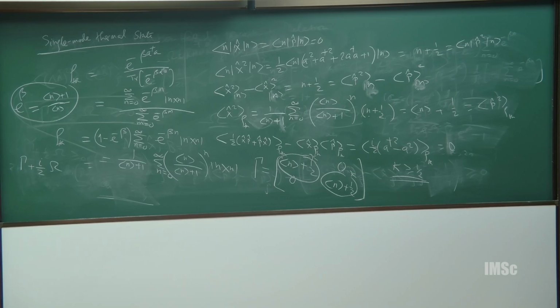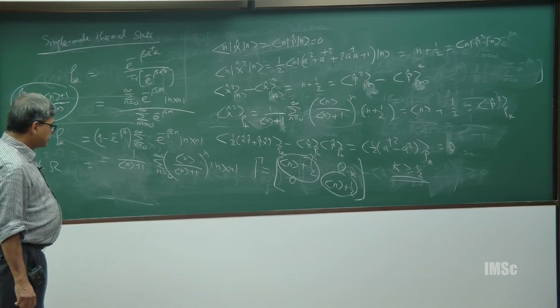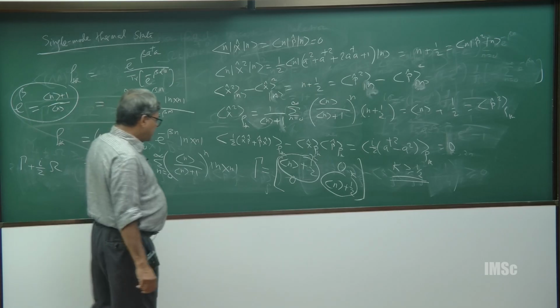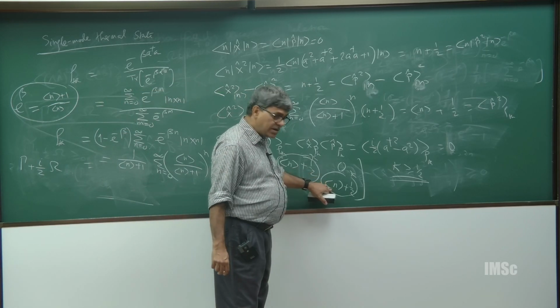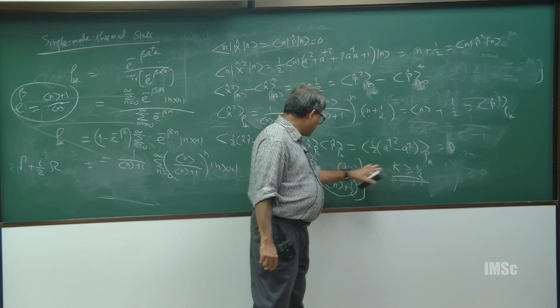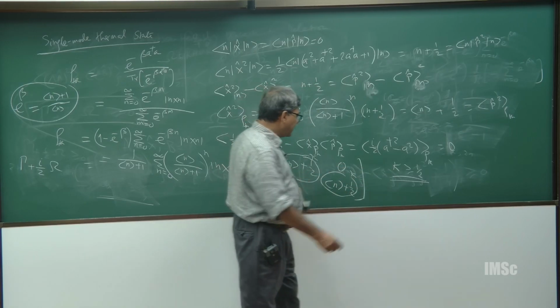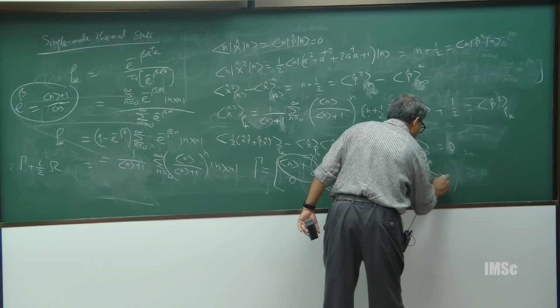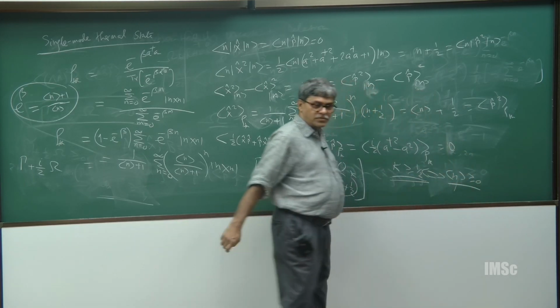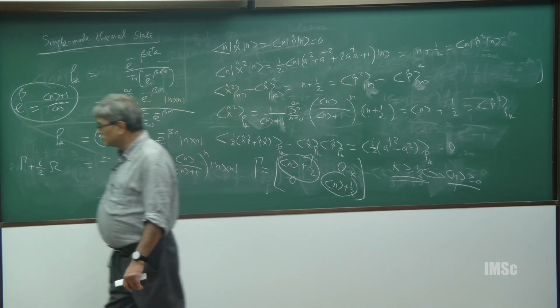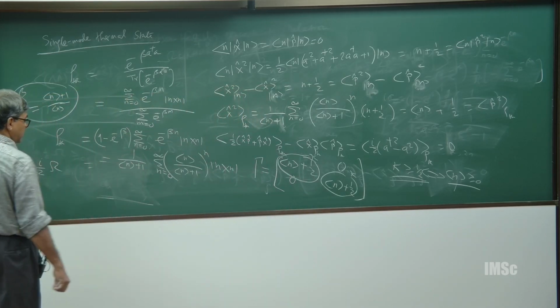So for a single mode thermal state, the covariance matrix must be of this form, where this kappa is the average n hat plus half. So basically this is equivalent to saying that the average value is greater than or equal to 0, which is anyway true. Okay. Right.